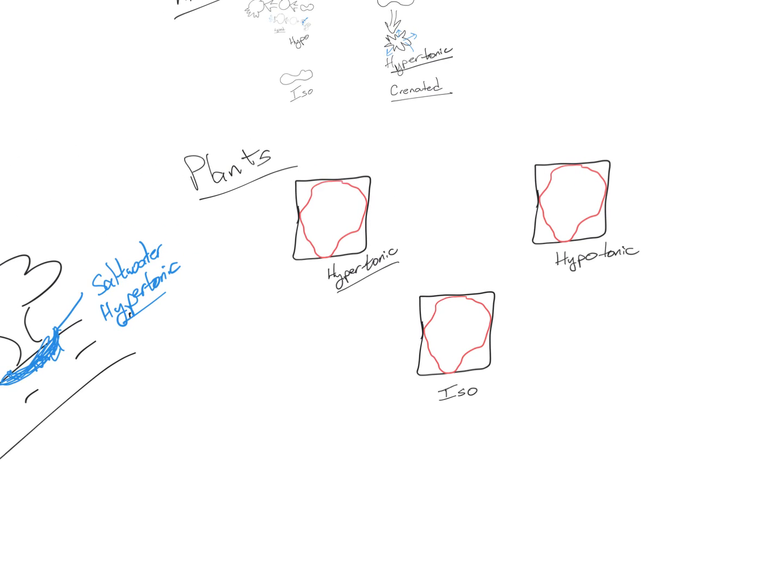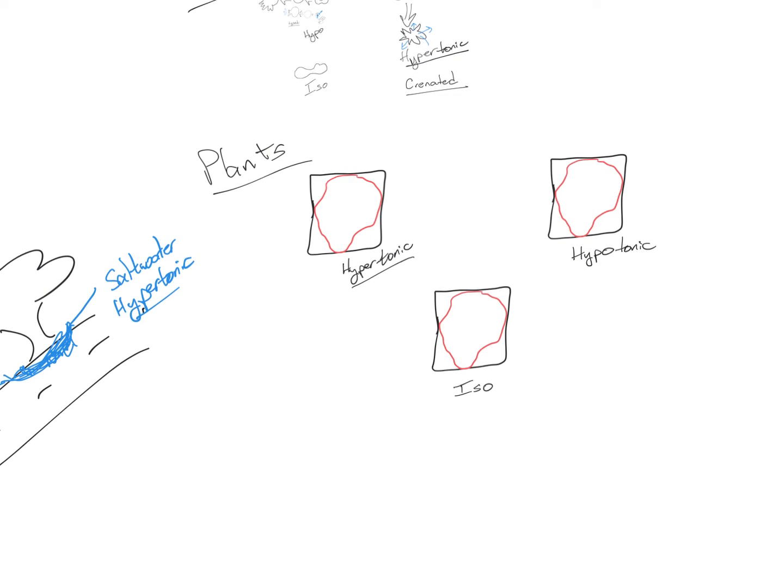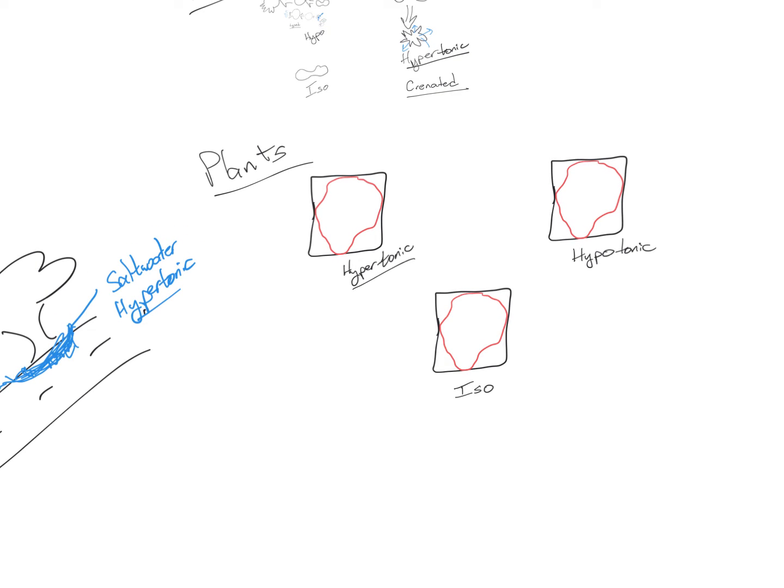Now, when we're talking about hypertonic and hypotonic, what's going to happen in this plant cell? In a hypertonic solution, where's the water going to go? It's going to move out. It's going to move towards the hypertonic. Water always moves towards the hypertonic side, period.